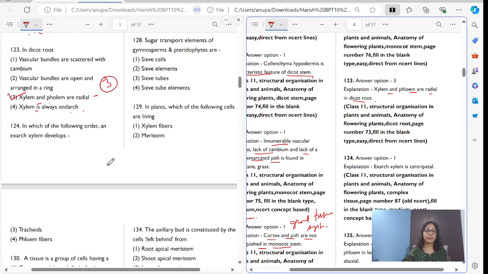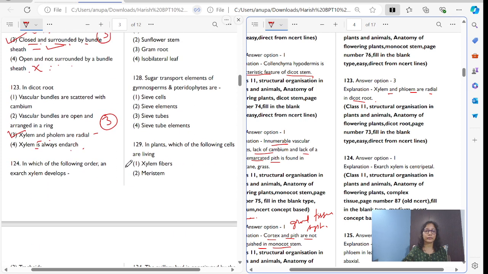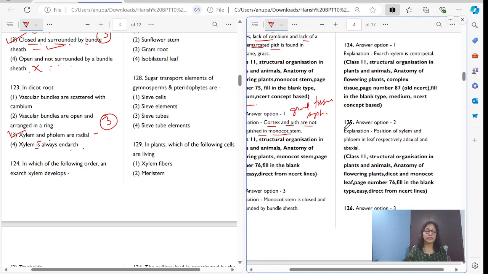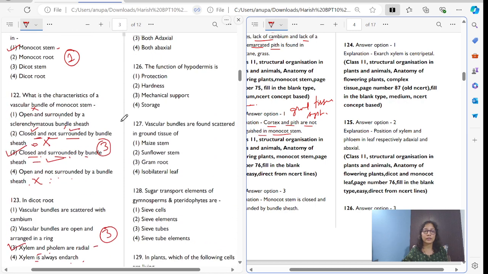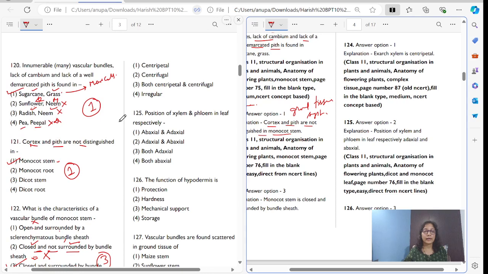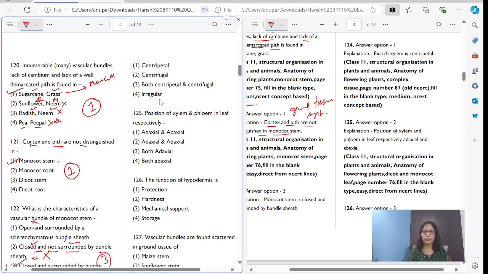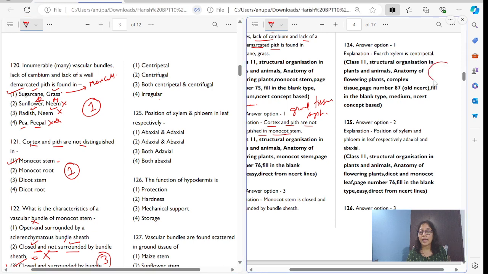Let's move to the next question, that is question number 124. Question number 124 states that in which of the following orders does exarch xylem develop? Let's see the orders given here: centripetal, centrifugal, both centripetal and centrifugal, irregular. So, exarch xylem. What is exarch xylem? As we know, two types of xylem are formed, protoxylem and metaxylem. This is the periphery and this is the pith.